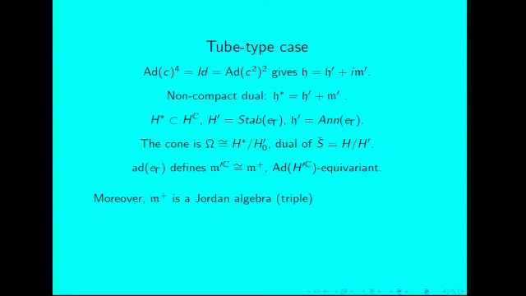Moreover, M plus has a structure of Jordan algebra in this tube type case. In general, if we don't have a tube type, we'll have a Jordan triple. By being a Jordan algebra, we have defined a determinant on it, and also we can define the notion of rank.